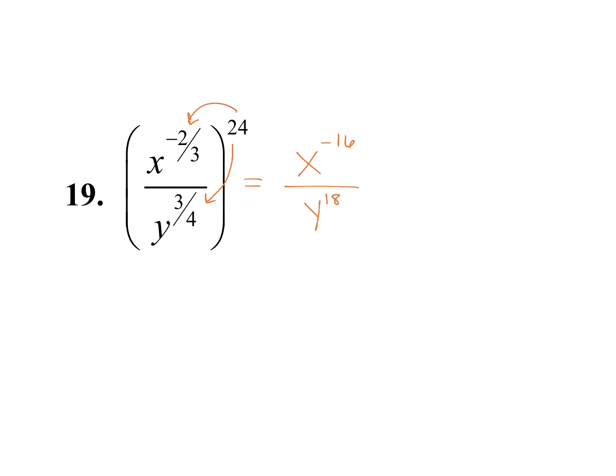Okay, again, you can just plug that into your calculator, 3/4 times 24. It'll do it for you. There's one thing left to do here. Put the x on the bottom. Move your x down. So x to the 16th, y to the 18th. What's on top? 1. Just a 1. That's going to be your answer.